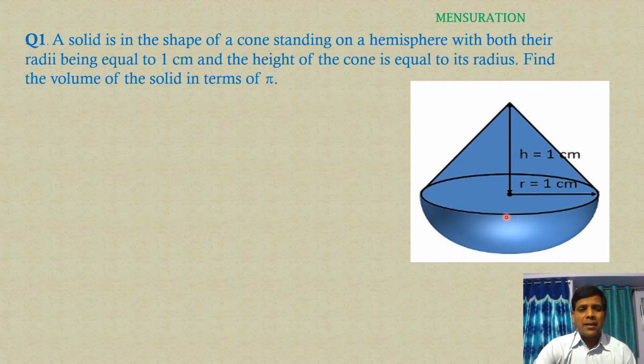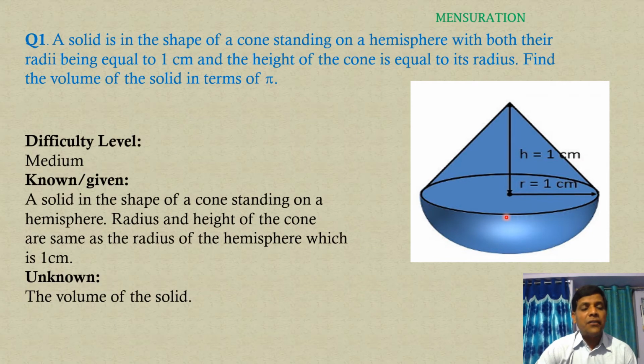First of all, write the analysis. Difficulty level: based on the question, this is medium level, because do you know the formulas for cone and hemisphere? Very easy. Known by given: a solid in the shape of a cone standing on a hemisphere.